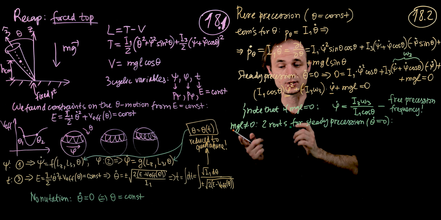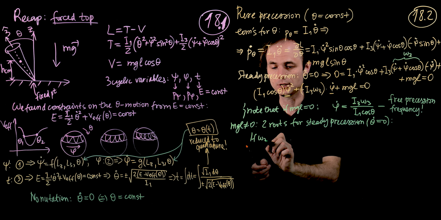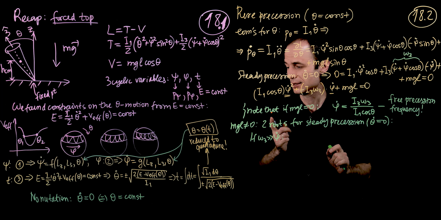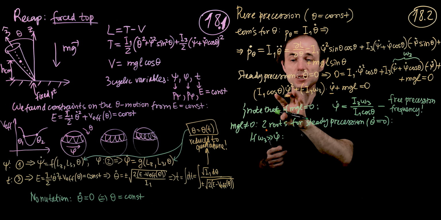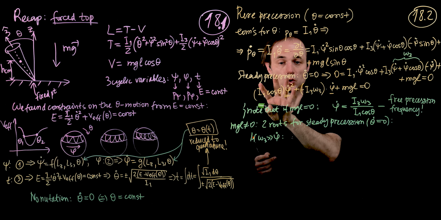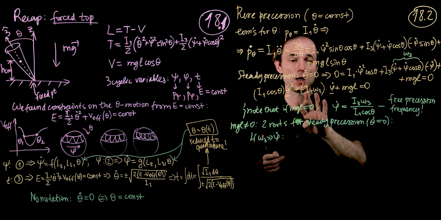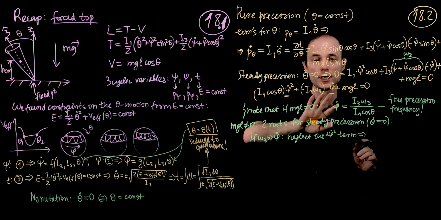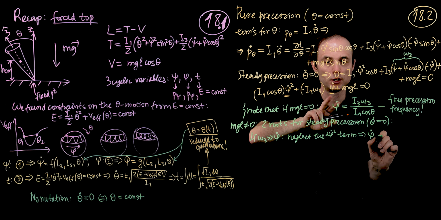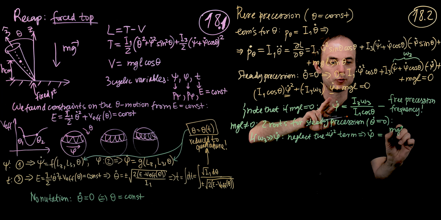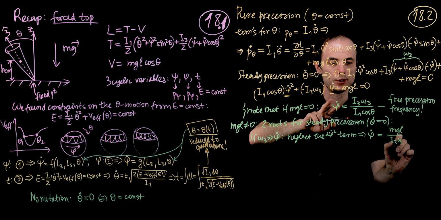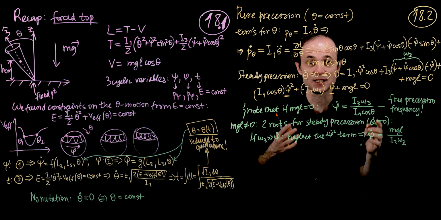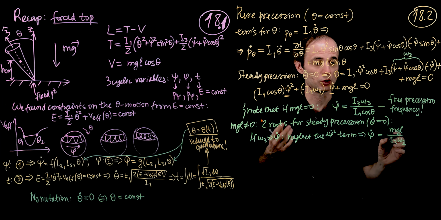If we're dealing with the fast top, that is, if omega 3 is much greater than phi dot, we can neglect the term that's proportional to phi dot squared. This term will be negligible compared to the others. In this case, we obtain that phi dot is equal to mgl divided by I3 omega 3, which is precisely the answer that we got for the precession of a fast top.